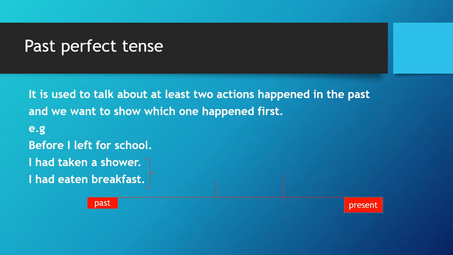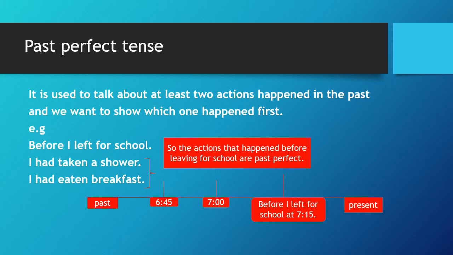we have three variations. Before I left for school at 7:15. What did I do before leaving for school at 7:15? At 6:45 I had taken a shower, and at 7 a.m. I had eaten my breakfast. So the actions that happened before leaving for school are past perfect.